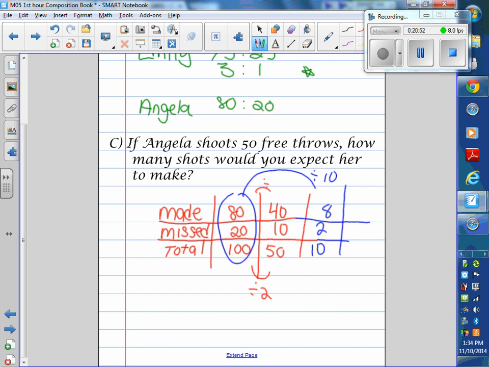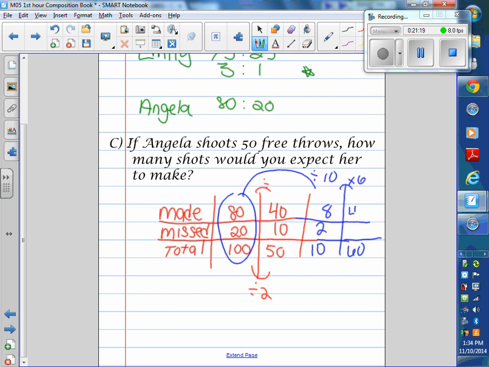What if I said 60 baskets? Not 50 baskets. She shoots 60 free throws in her career. What do you think she made about? James, what if she had 60 baskets total? Right, because you have to multiply by 6.